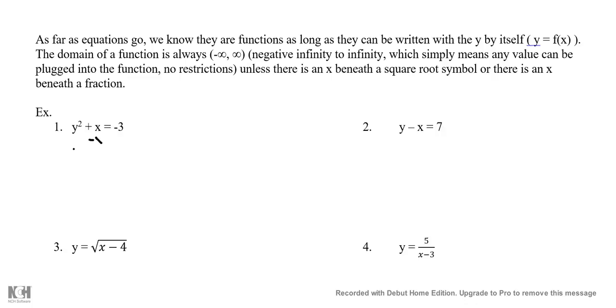So the first thing I'd have to do is subtract x from both sides. So we have y squared equals negative 3 minus x. Now to get rid of the squared, I have to take the square root, but that was the one thing we said was a no on writing an equation as a function. So as soon as I do take this step, I have to go no further because this is not a function.